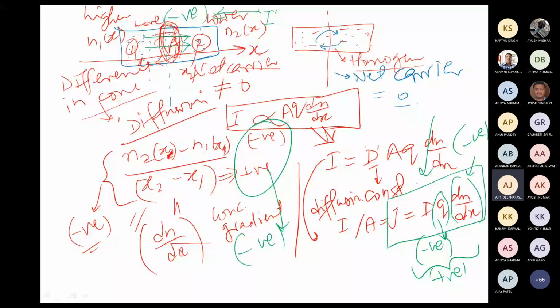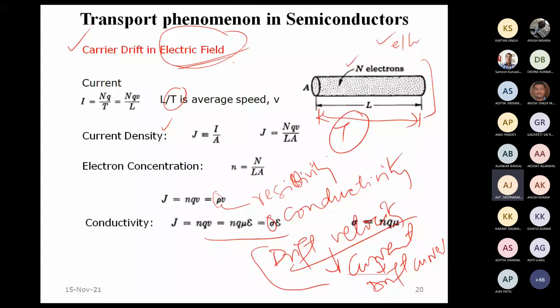We can see that there is something called a drift current density, given by nqμE, whereas there is another current density corresponding to the diffusion of the charge carriers, which is proportional to the concentration gradient. So we have the diffusion current density also.